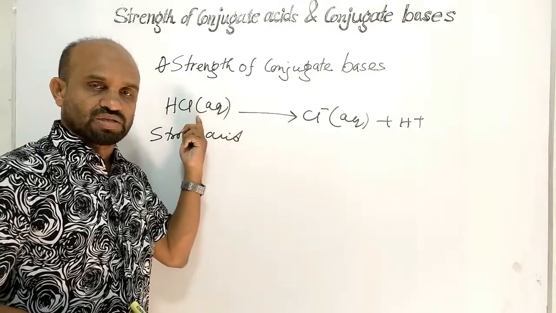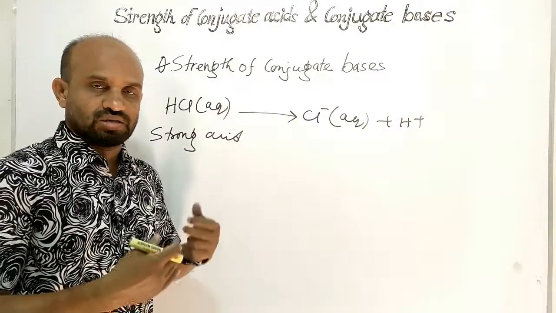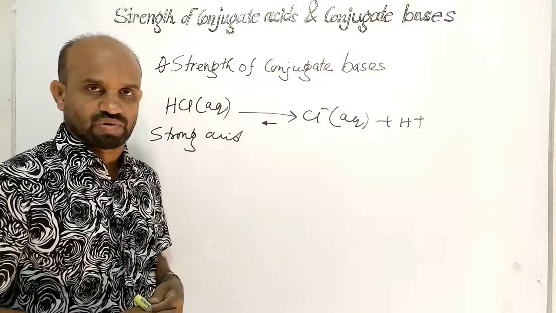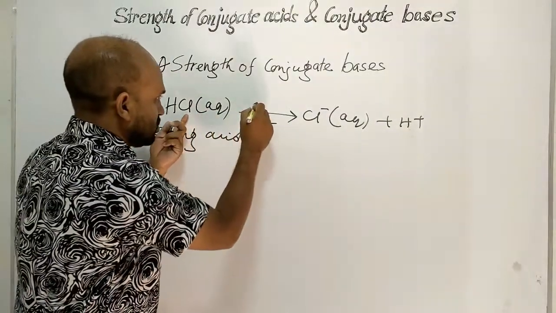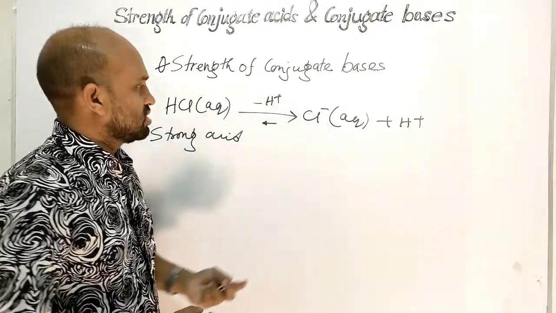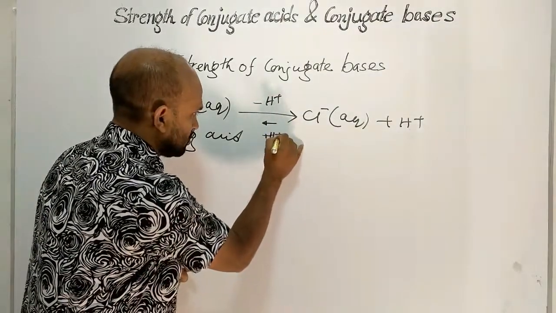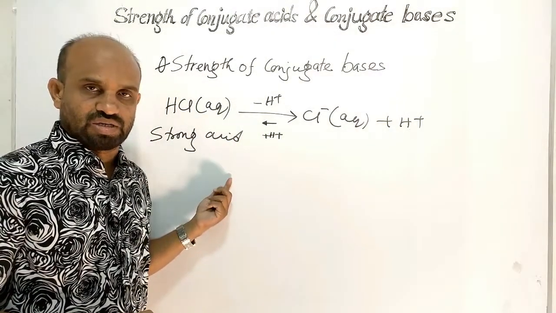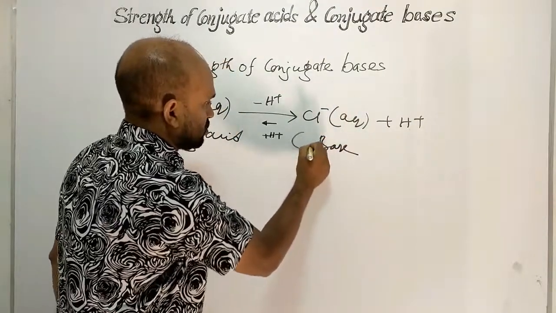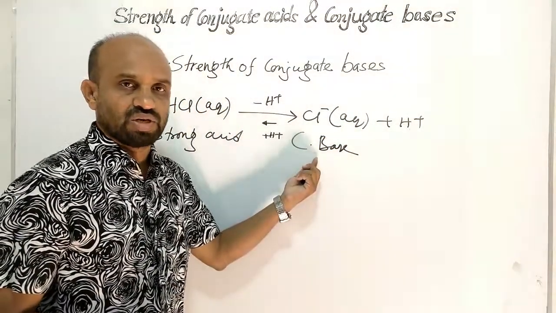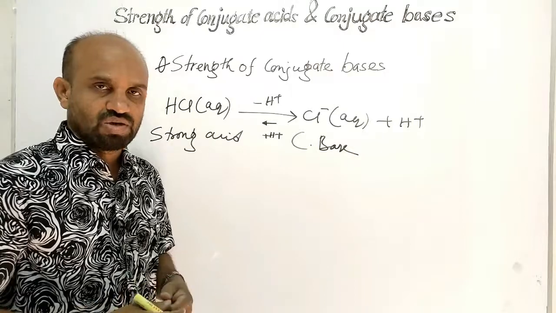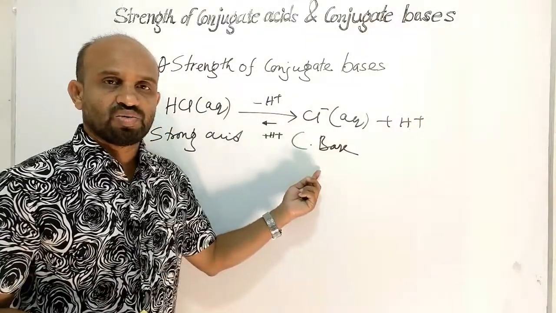That is why the backward direction is extremely low, negligible. So it loses proton very easily and moves forward direction, but gaining proton, it cannot move backward direction very easily. So the conjugate base is very weak when it is produced from a strong acid. So strong acid produces weak conjugate base.